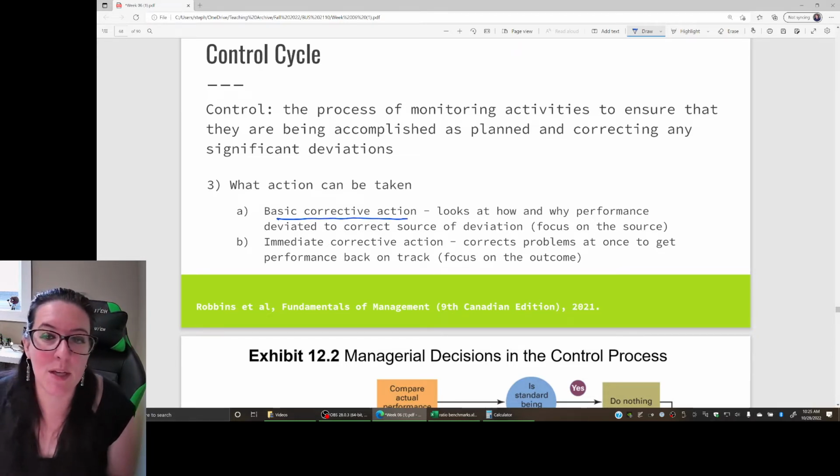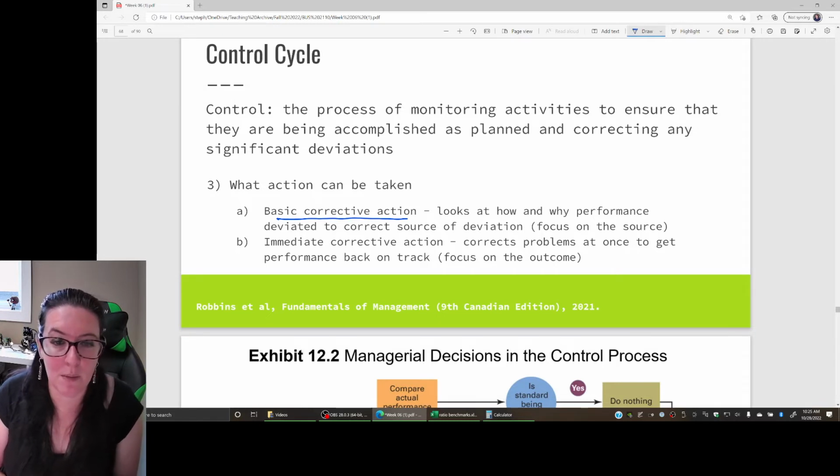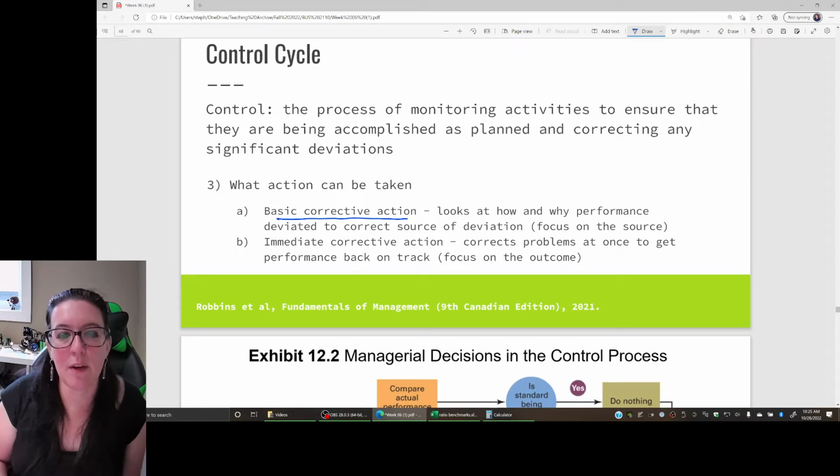This is we focus on the source of the problem and try to fix the problem at the source. So if we are looking at, in terms of our gross margin, how well we're doing, so revenue minus cost of goods sold, and we're finding that that gross margin is low. What is the cause of that?